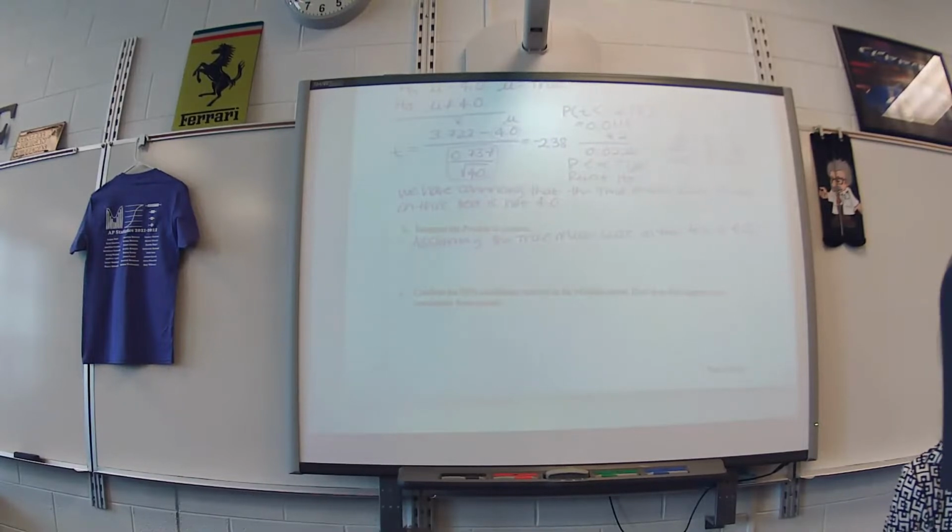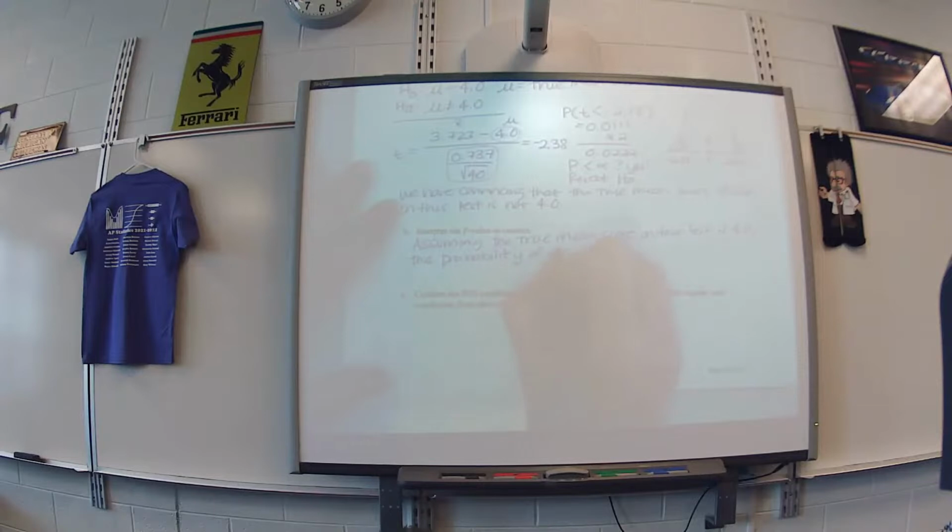Assuming the true mean score on this test is 4.0, the probability, that's why it's called a p-value, of obtaining results equal to what we observed or more extreme is about 2%.